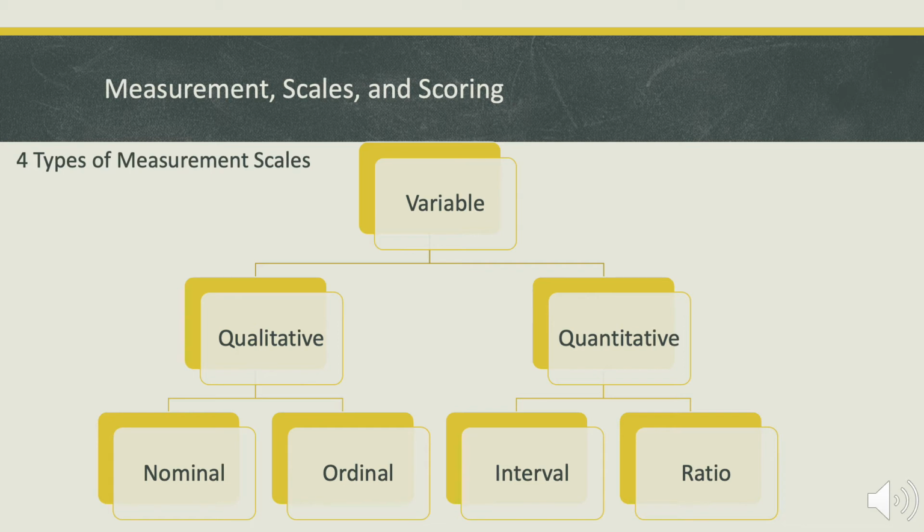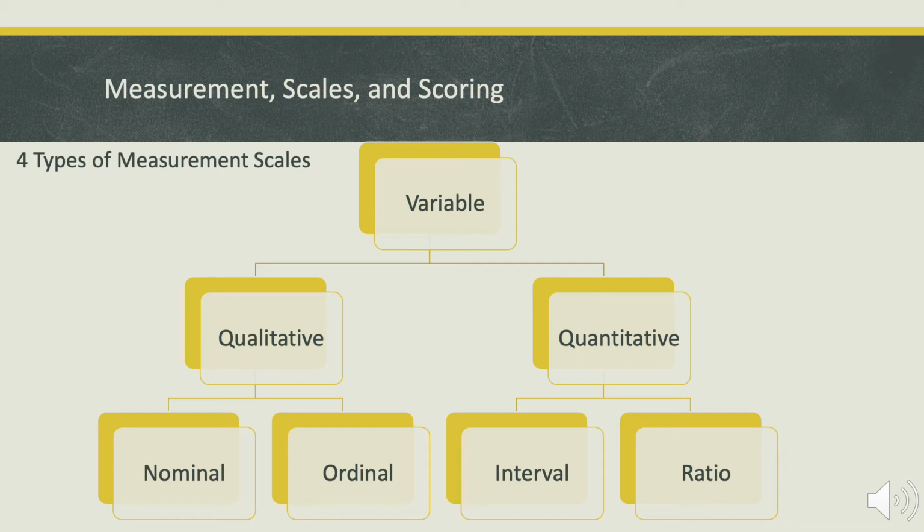So an absolute zero means that there's nothing at all. So like if a person took a math test and scored a 0, that wouldn't necessarily be a ratio scale because that doesn't mean they don't have any math ability whatsoever. It was just maybe they didn't understand that particular set of problems. So remember, absolute 0 means there's no ability at all.